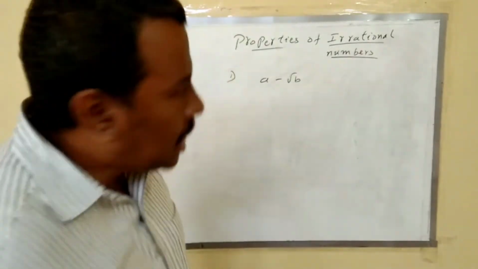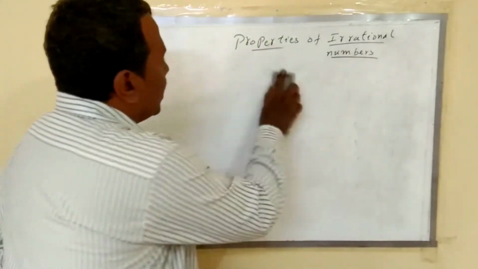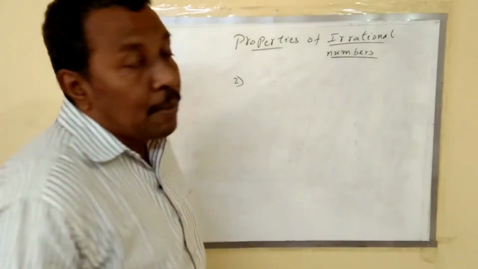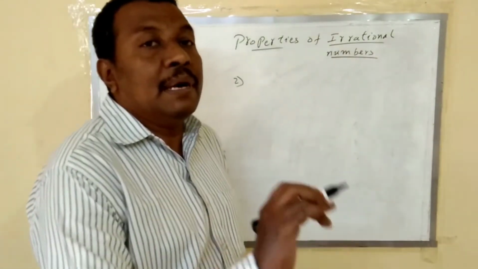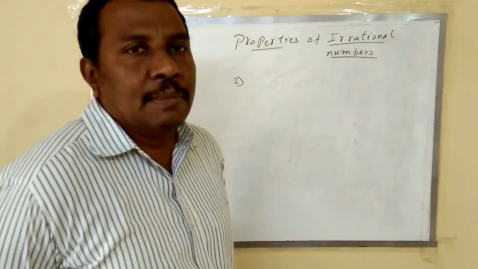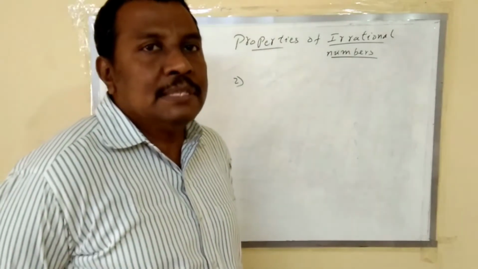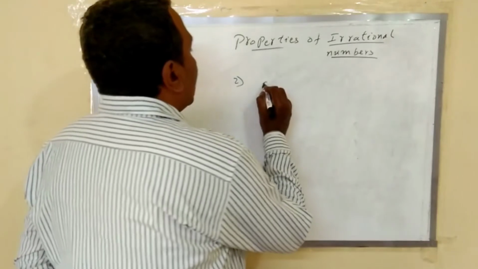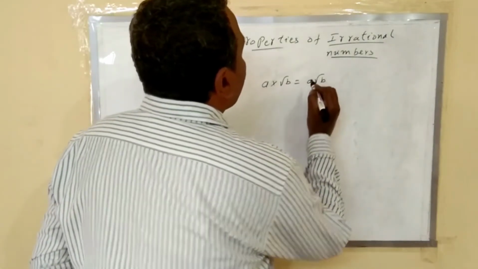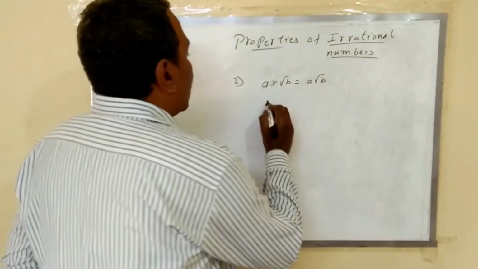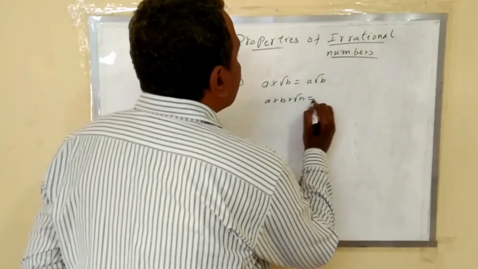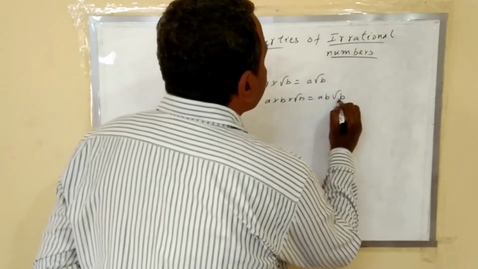Okay. Now the next one, the second property. Product of a rational number and an irrational number. What do you mean by product? Product means multiplication. a into root b is equal to a root b, or a into b into root b is equal to ab root b.